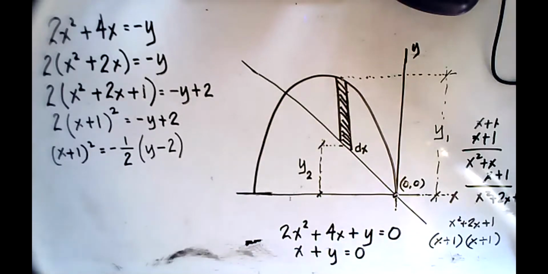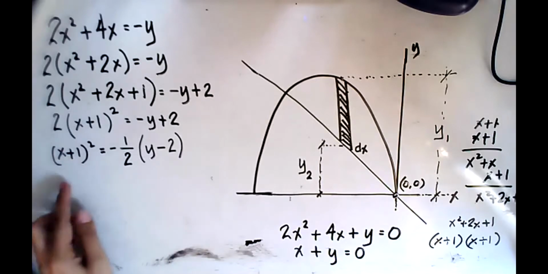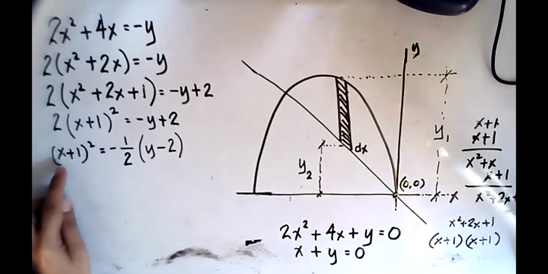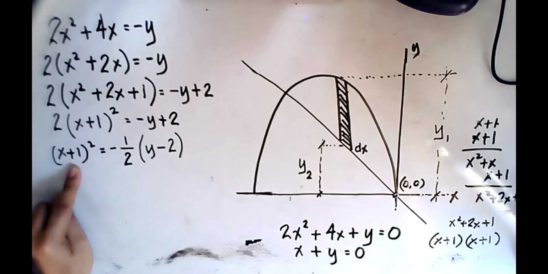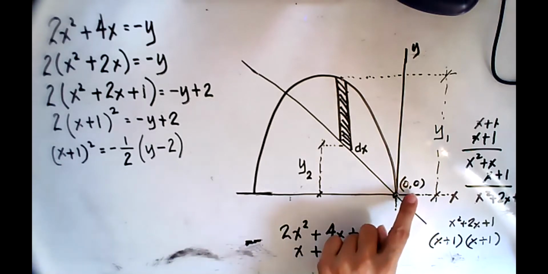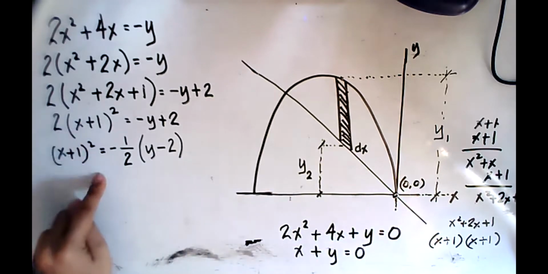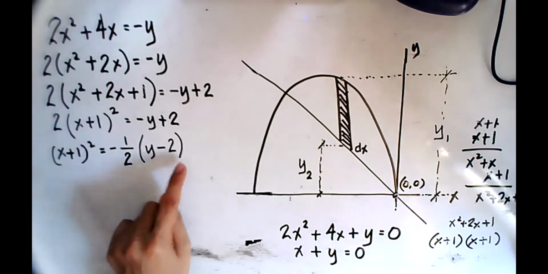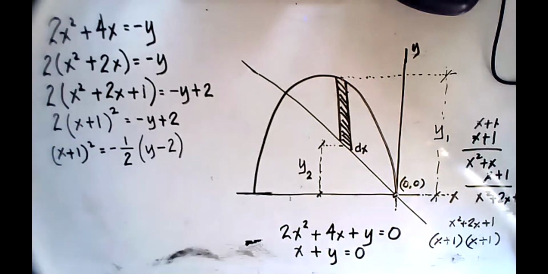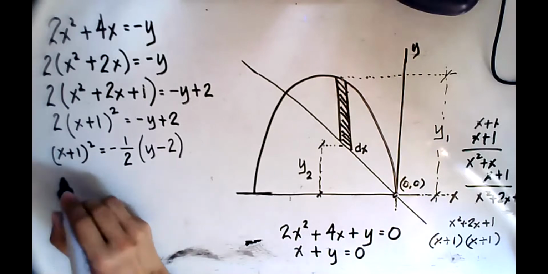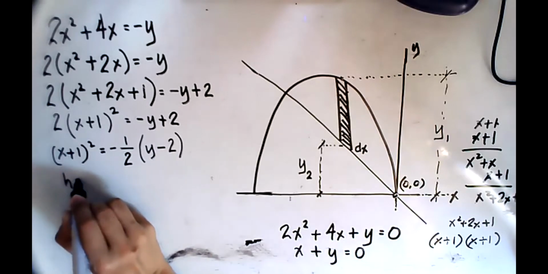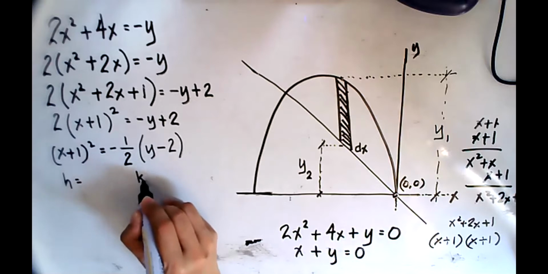Further examining the equation, the center of the parabola will be at what? Instead of having it at the point of origin, because we have here x plus 1 squared is equal to negative 1 half y minus 2, in other words, the parabola will have its center at h and k, wherein h will be equal to and k will be equal to.